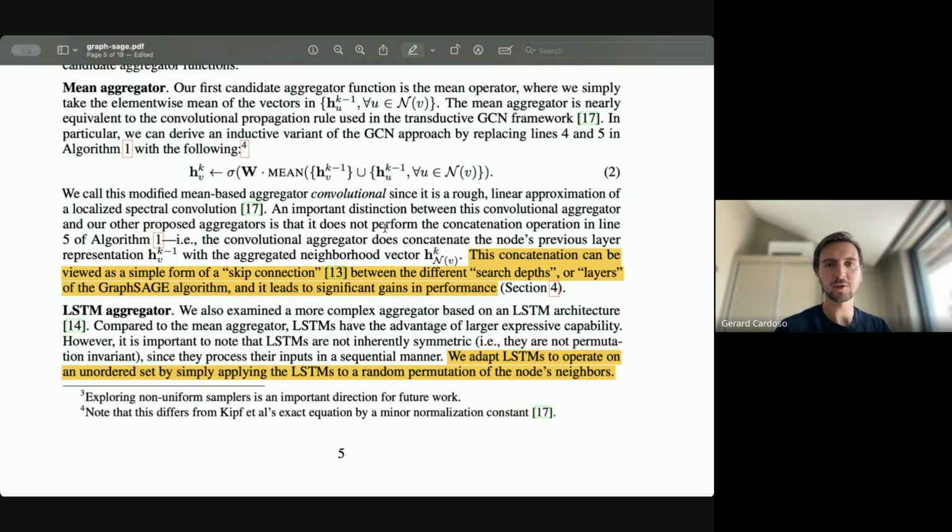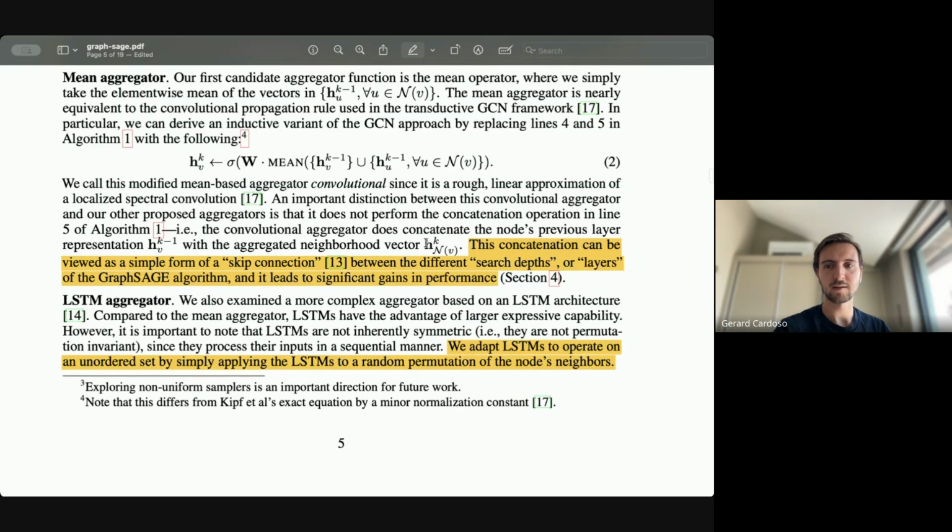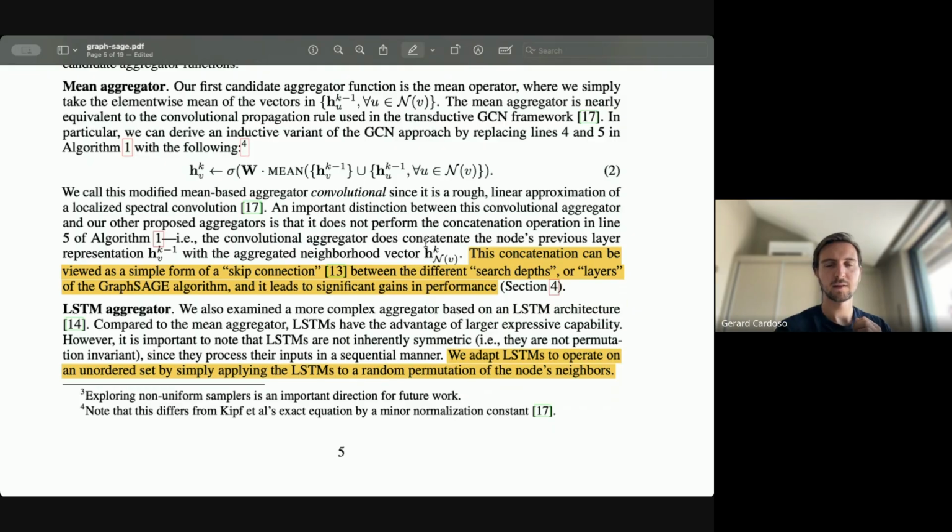What's interesting that they mention here is that the concatenation of the previous node representation with the new averaged embedding is like a skip connection between the different search depths, and it leads to quite improved gains in performance, which is quite interesting.